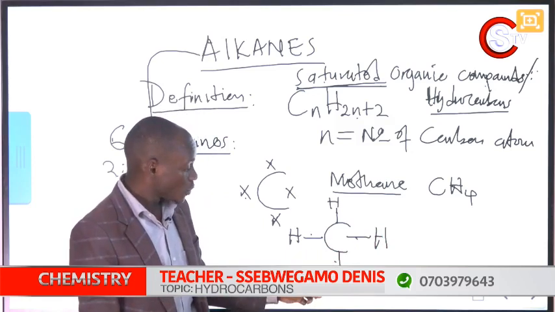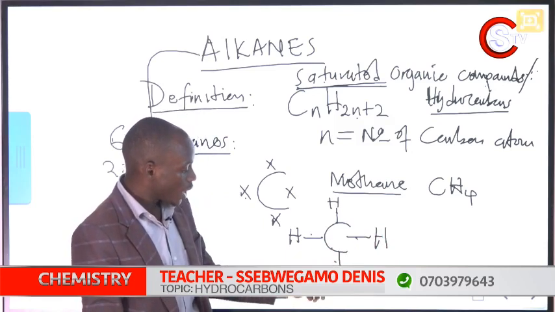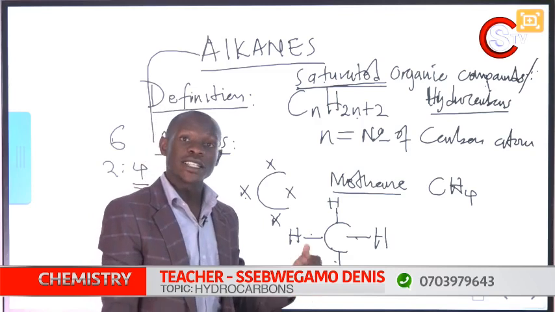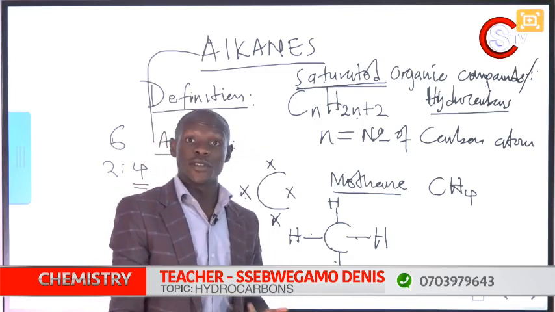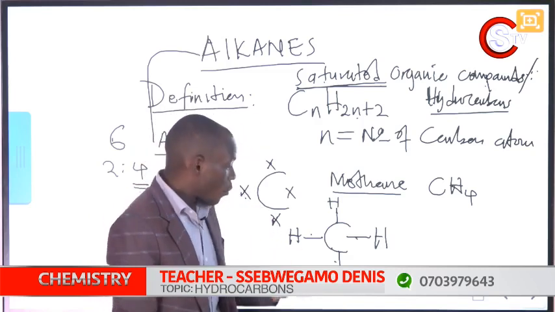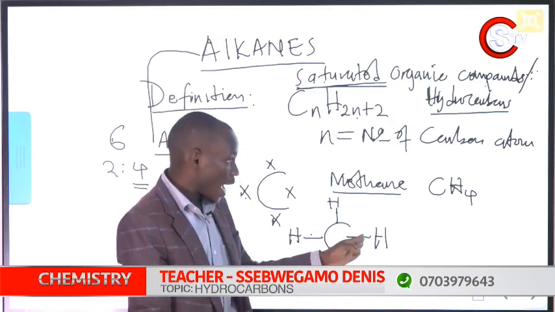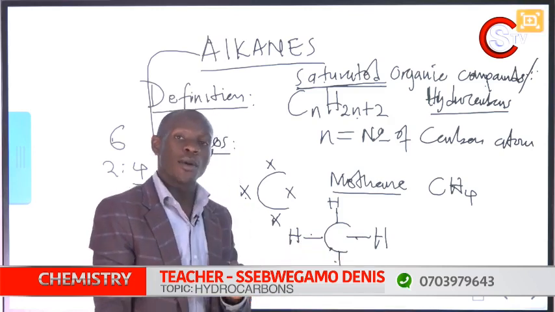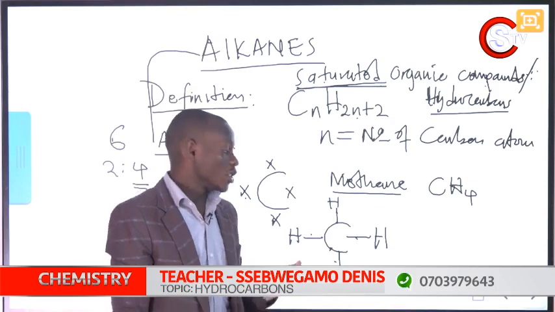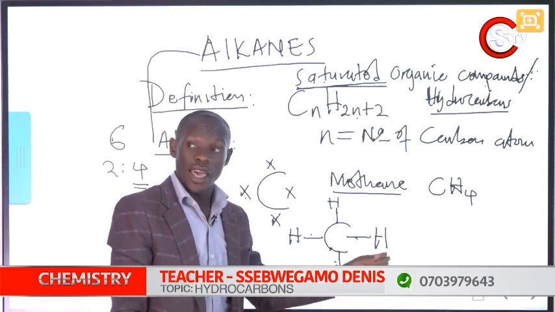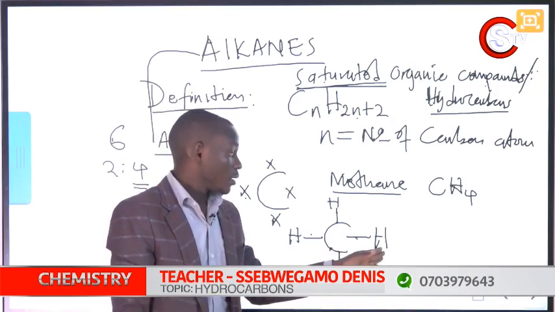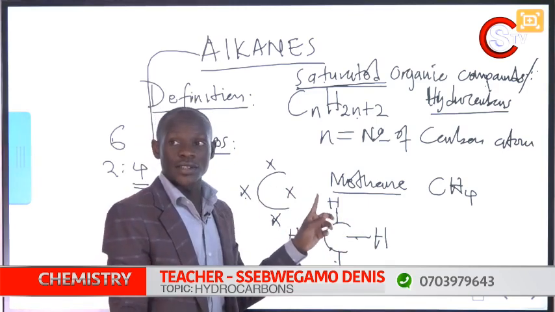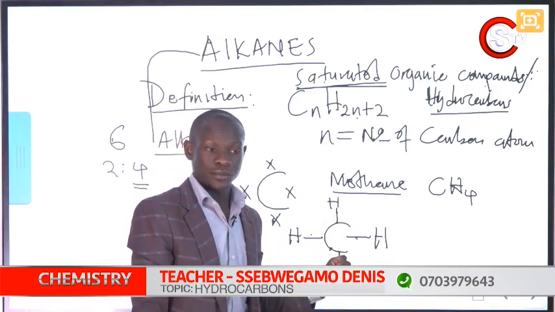And now they form short bonds because the carbon and hydrogen almost have the same electronegativity value. So breaking the carbon-hydrogen bond requires some amount of energy. So it is not easy to break this bond. Hence, the alkanes are less reactive.